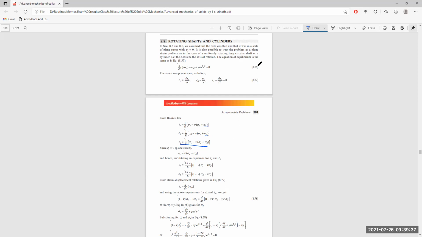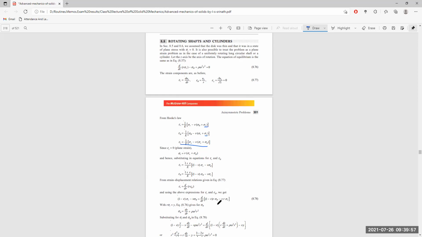Then this equation gives us sigma theta on the left side equal to dy by dr, replacing y here, plus rho omega square r square.